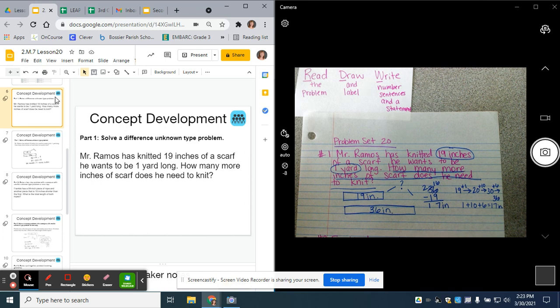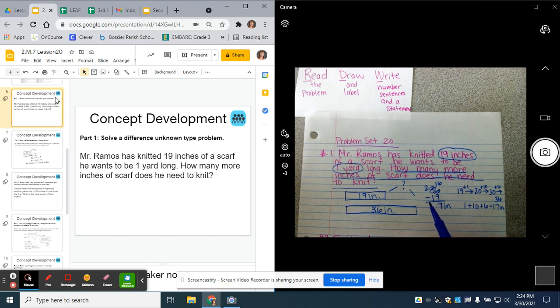All right, so I've done the read, I've done the draw and label. Now I need to write. Write a statement. We wrote a number sentence already. We need to write a statement. How many more inches of scarf does he need to knit?